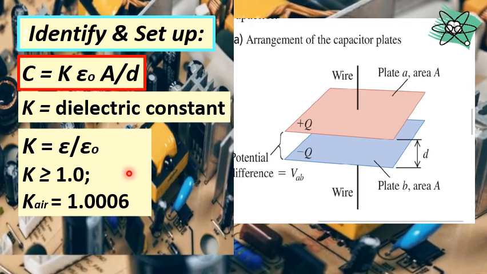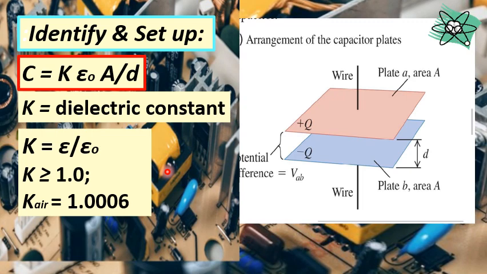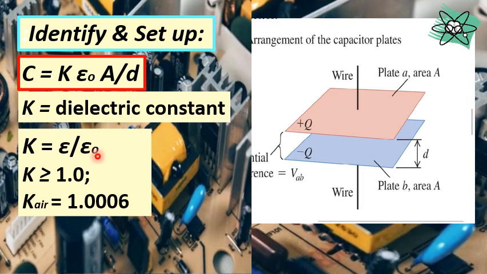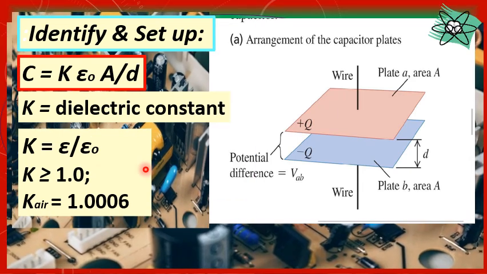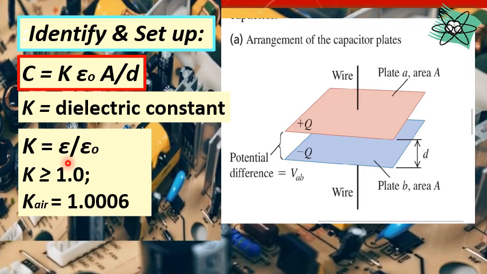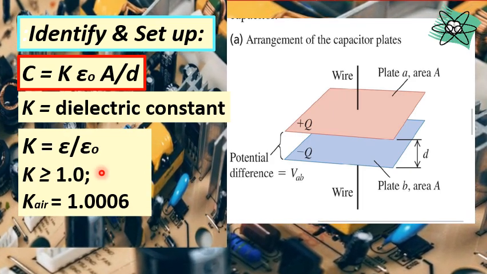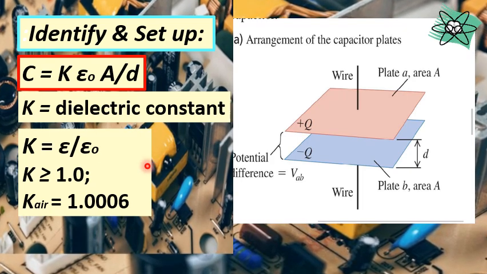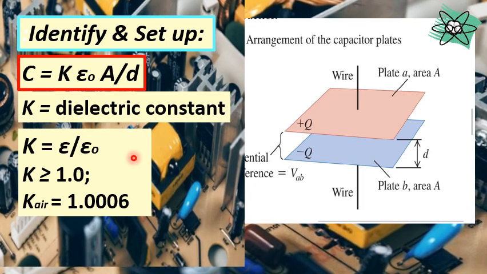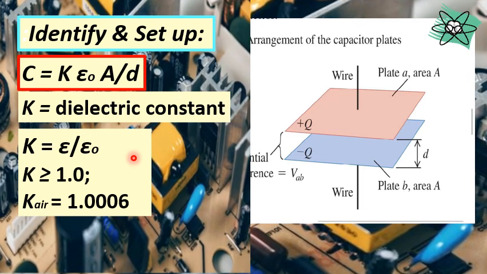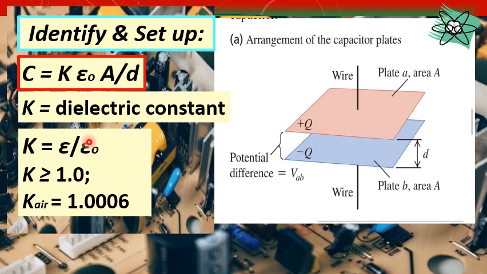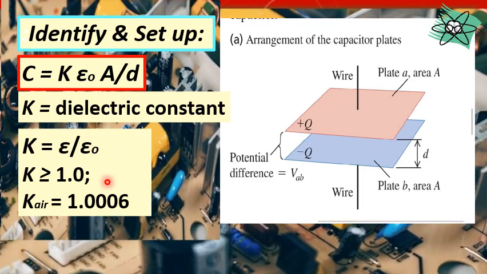That is, if there is no dielectric that is made of a material. In other words, if the charged plates are placed in a vacuum, the dielectric constant is understood to be equal to 1.0 or just 1, when there is no particular type of dielectric material used.